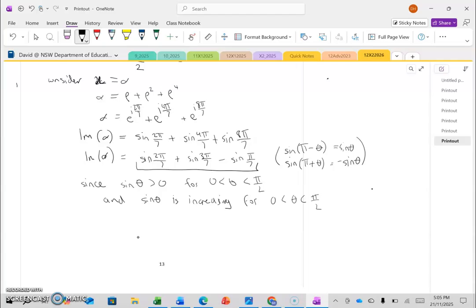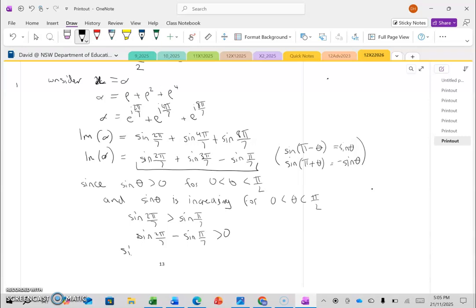So sine 2 pi on 7 has to be greater than sine pi on 7, which means that sine 2 pi on 7 minus sine pi on 7 has to be greater than 0. And if we add this other term that's also in the first quadrant, we get that sine 2 pi on 7 plus sine 3 pi on 7 minus sine pi on 7 is greater than 0. So I've justified why it's greater than 0.